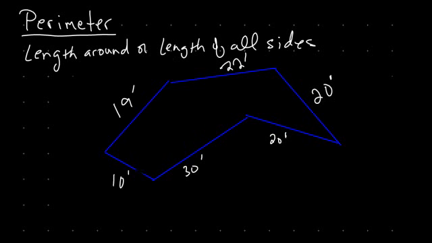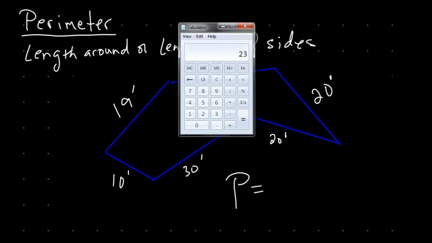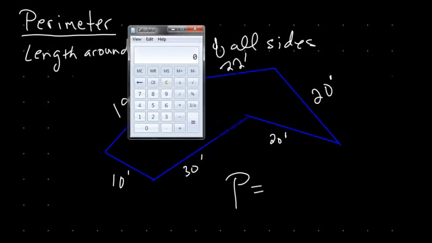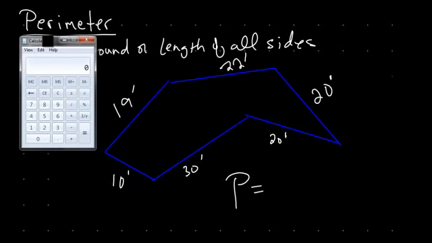I need no fancy formulas to find the perimeter. I just add those up. That's always going to be the perimeter. So my perimeter equals, break out the calculator, clear everything out. Let's start here at 10, plus, working our way around, 30 plus 20 plus 20 plus 22 plus 19.